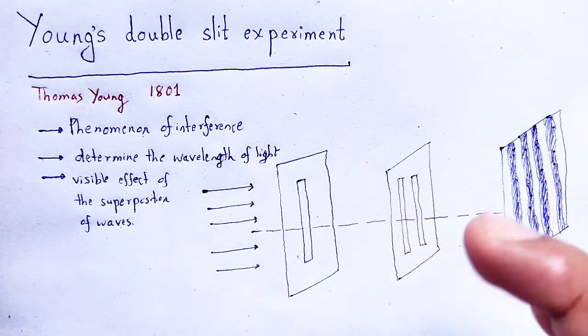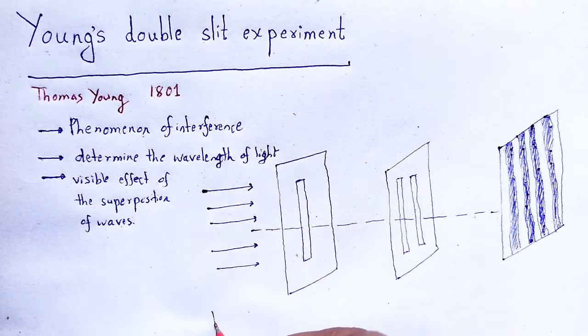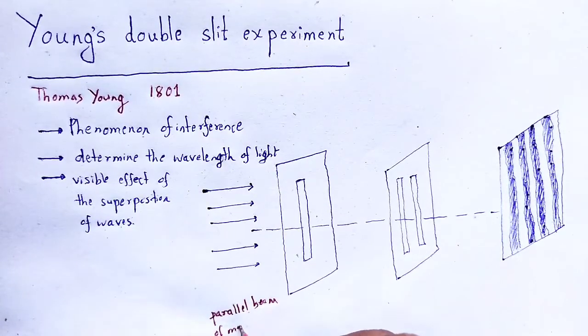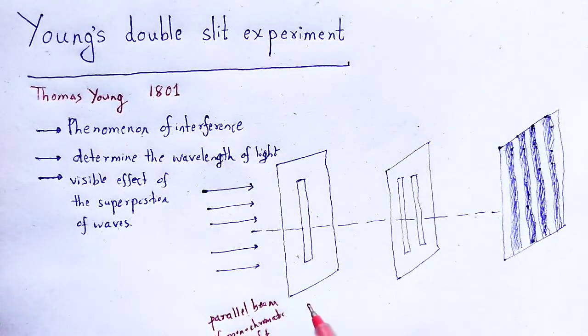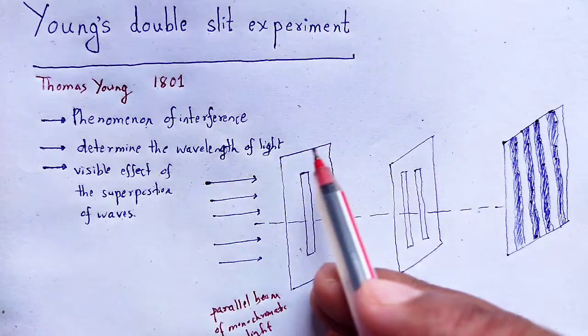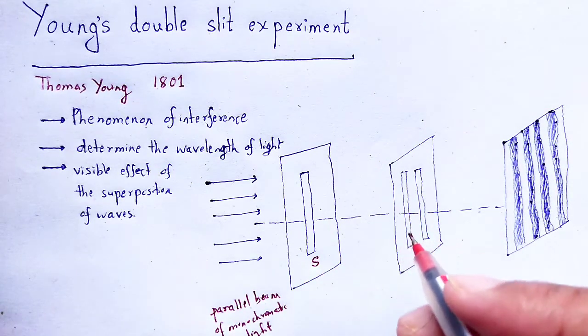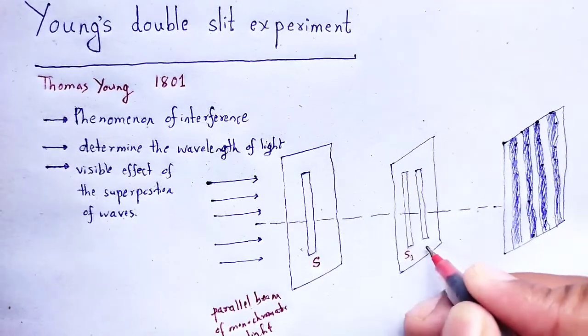So, what is the experimental setup of Young's double slit experiment? Look here, this is a parallel beam of monochromatic light, which is allowed to fall on a narrow slit S, and then on two narrow pinhole slits S1 and S2.